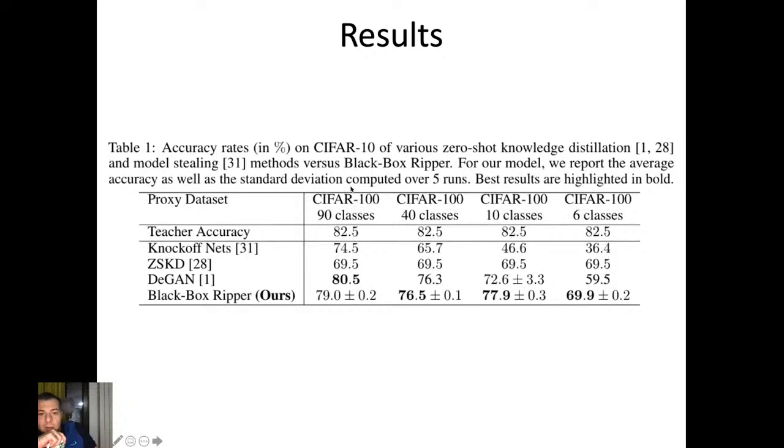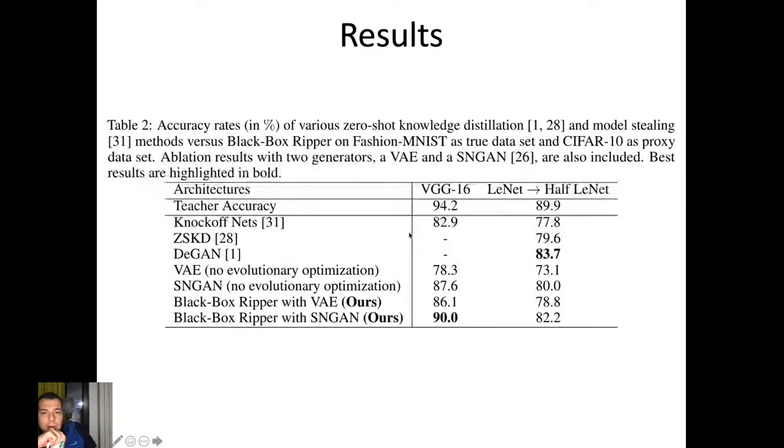This is doing transfer from CIFAR-100 to CIFAR-10. This is doing transfer from Fashion-MNIST to CIFAR-10, and here we test 2 different architectures and various baselines, and we also show the benefit of doing evolutionary optimization.